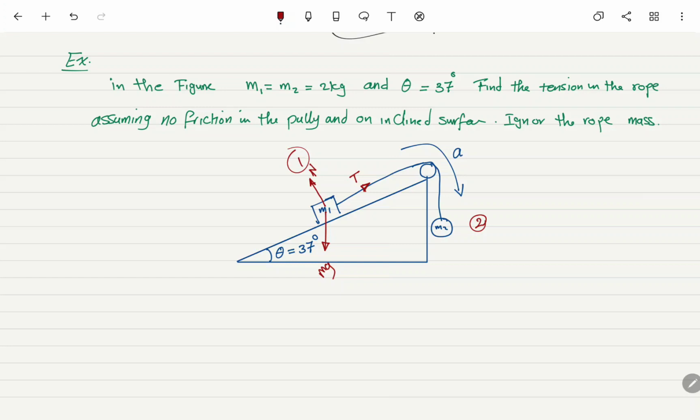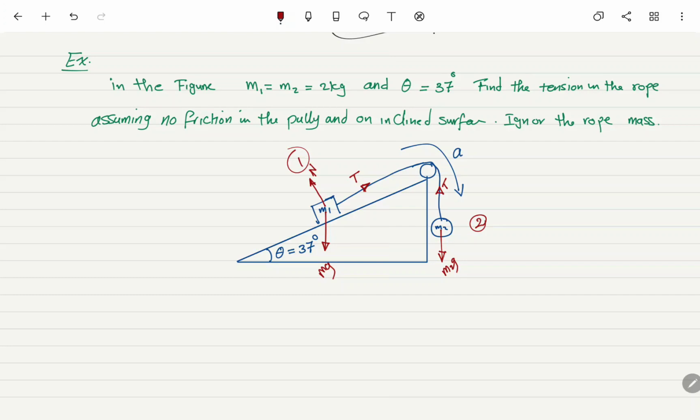And on system 2, we have the weight, m2g, directed downward, and we have a tension. And remember, since it's the same rope, same material, flexible and unstretchable rope, it will be the same tension between the two systems.